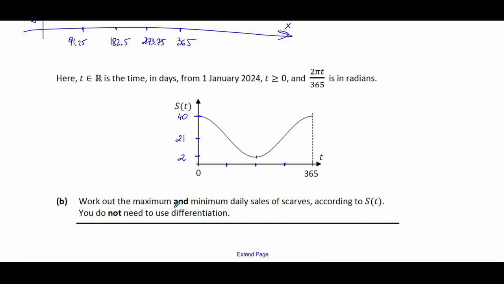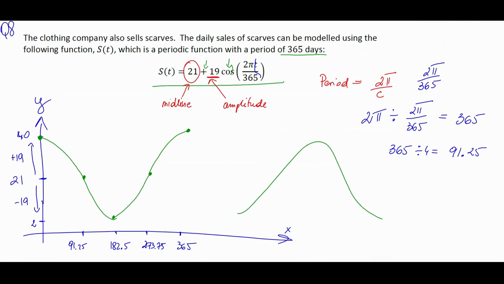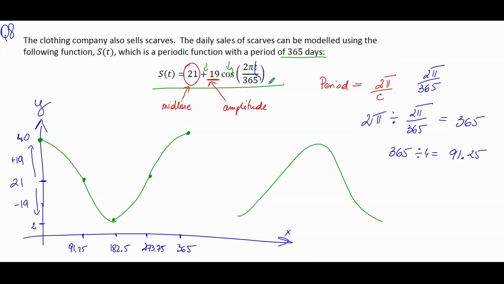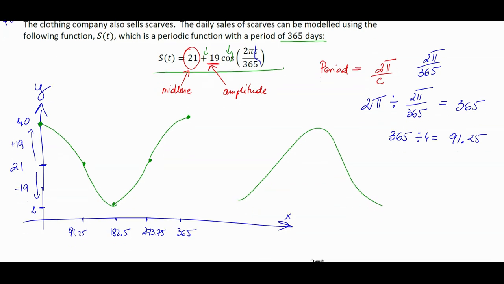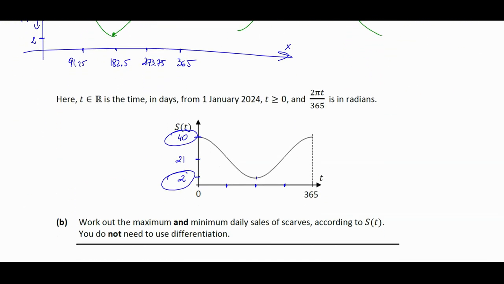We have to work out the maximum and minimum daily sales of the scarves. So my maximum is 40 and my minimum is 2, isn't it? That's the reason why I'm saying that knowing how to create the graph from a trigonometric function, whether a cos function or a sine function, helps us to answer the question much more easily.